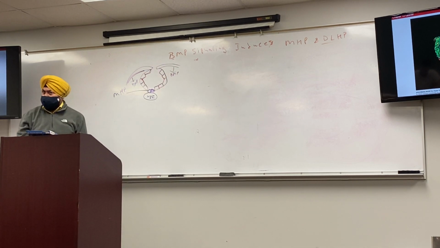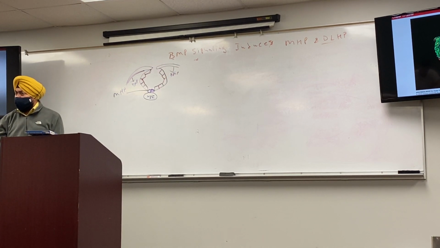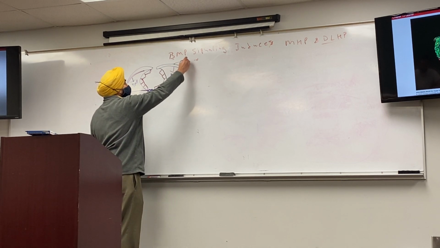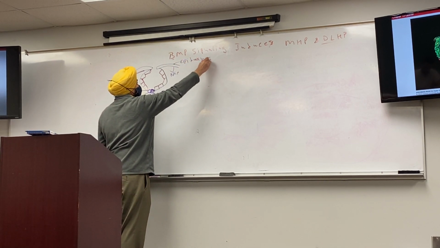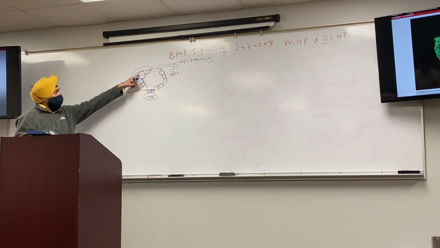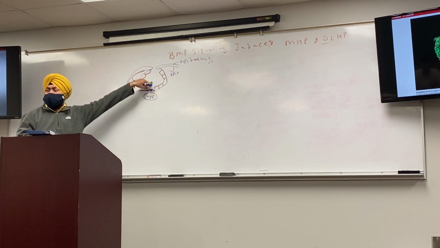Right? Because these are epidermis cells, they are making a lot of BMP there. Now, this is epidermis. They are secreting BMP. So it means everywhere here you should have BMP, right?